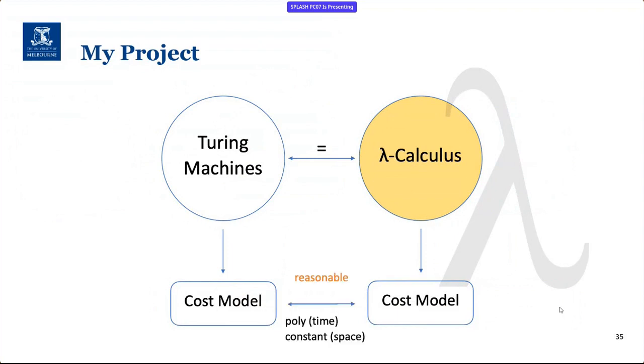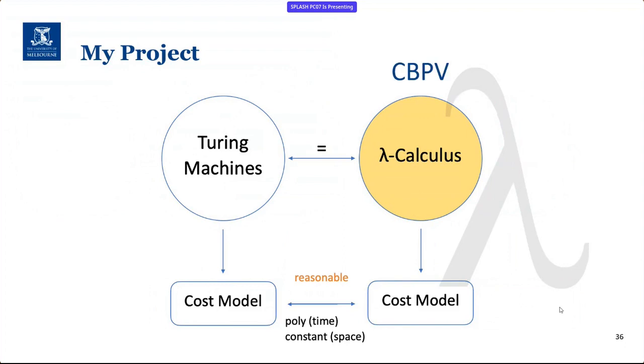We say a machine is reasonable if it can simulate and be simulated by a Turing machine with a polynomial time overhead and constant space overhead. And this is what I use to show my cost model for Lambda-calculus is correct. So that's reasonable.